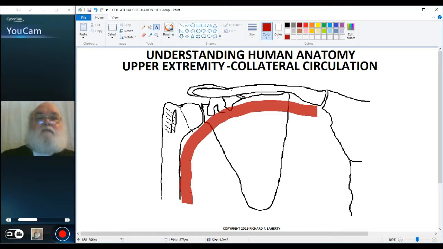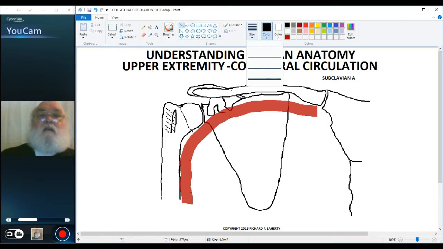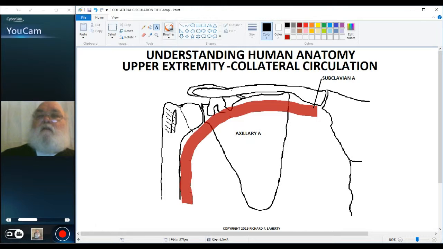So we have the subclavian artery, draw a line, the axillary artery, and the brachial artery.